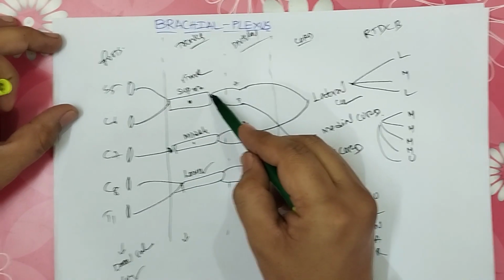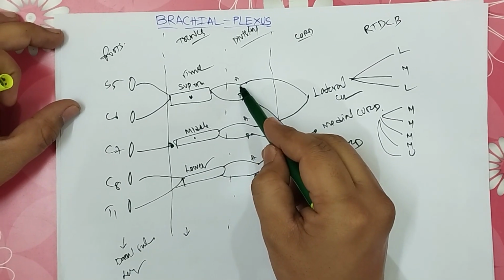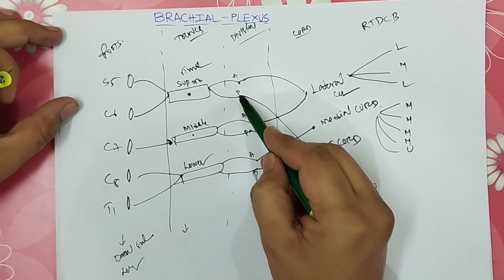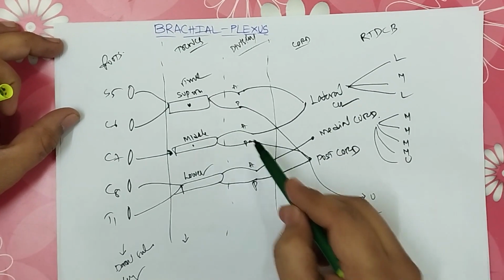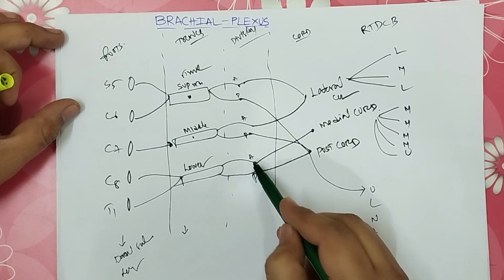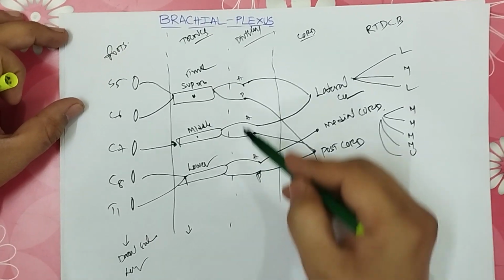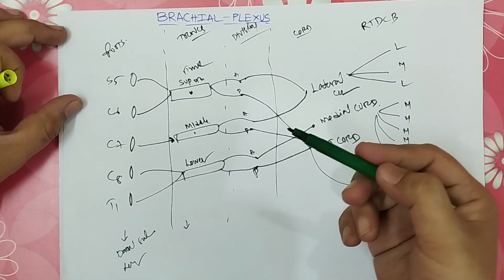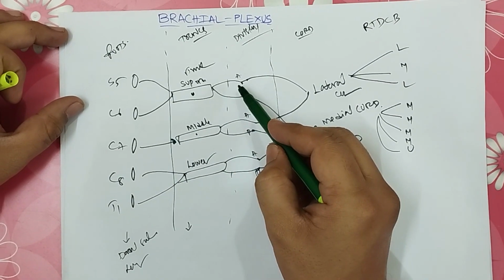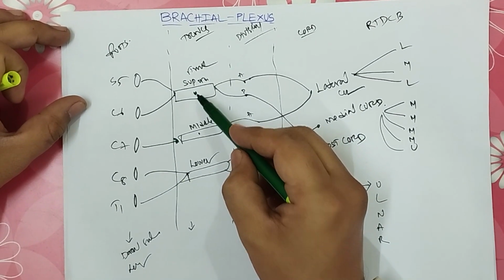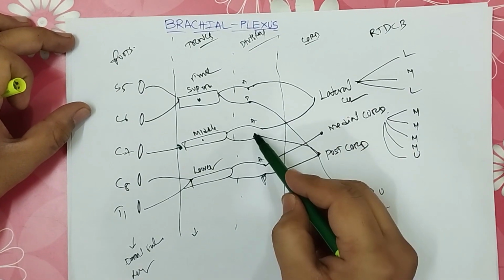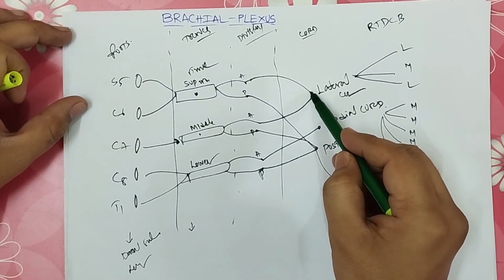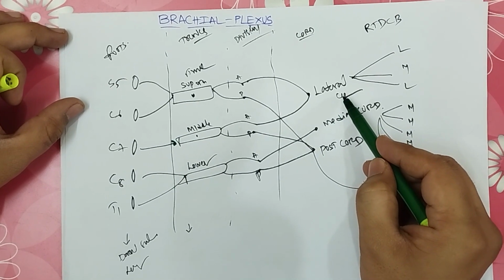Each trunk gives rise to two divisions, the anterior division, A, and the posterior division, P. Now these divisions give rise to cords. How? The anterior divisions of the superior trunk and middle trunk unite to form the lateral cord of the brachial plexus.